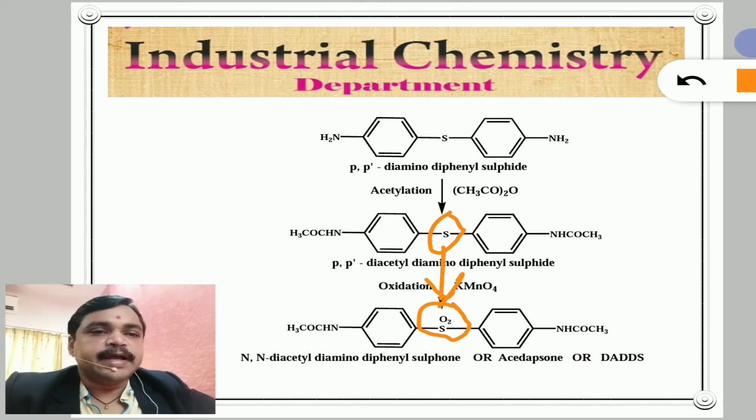It is our final product, acedapsone, short name DADDS: D from di, A from acetyl, second D from diamino, third D from diphenyl, and S from sulfone. So it is also known as DADDS.